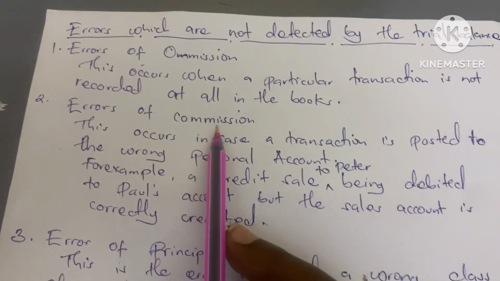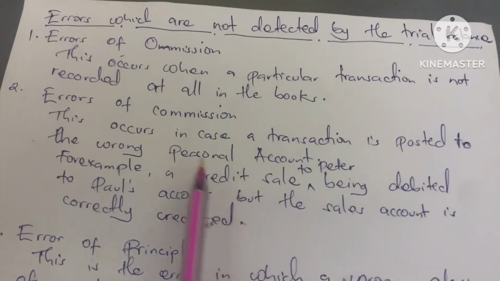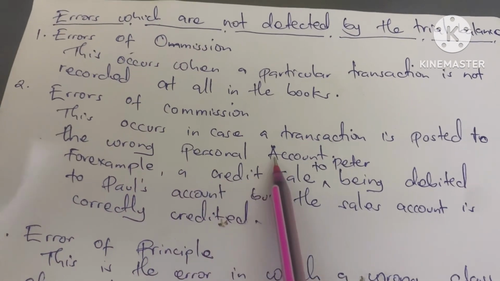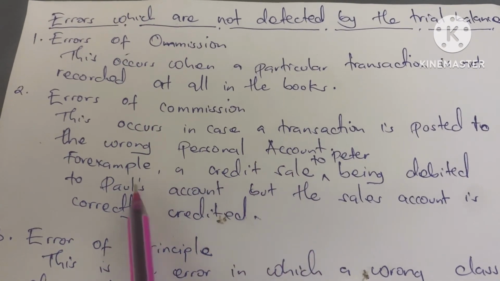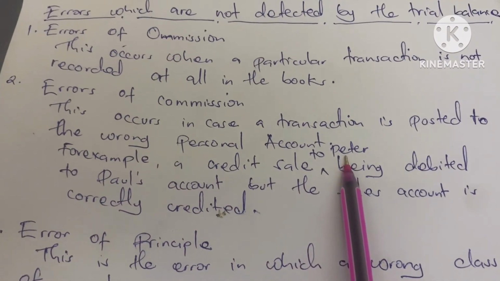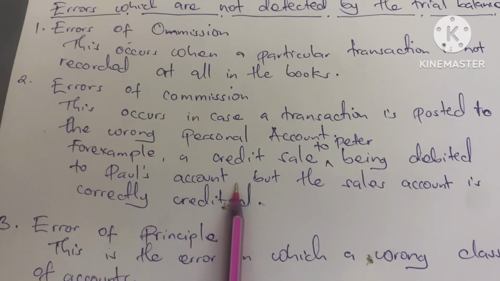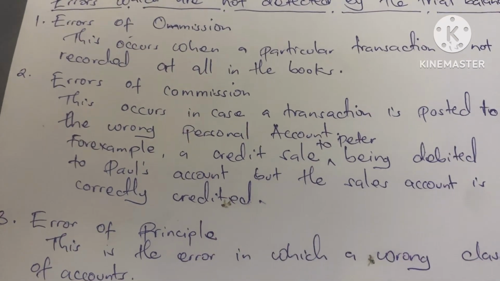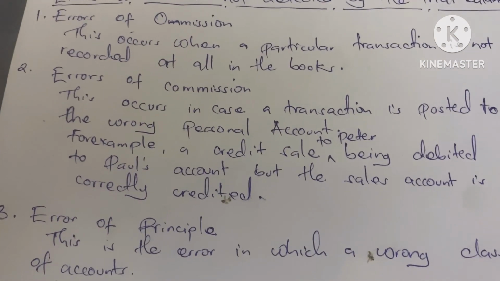Then errors of commission. This one occurs in case a transaction is posted to a wrong personal account. For example, a credit sale to Peter being debited to Paul's personal account, but the sales account is correctly credited.